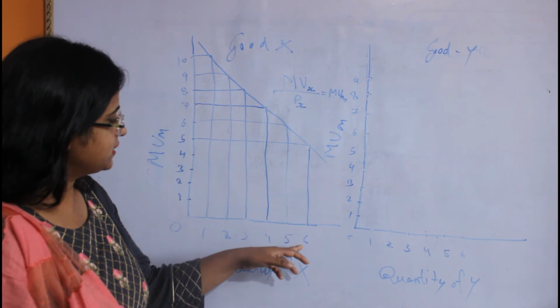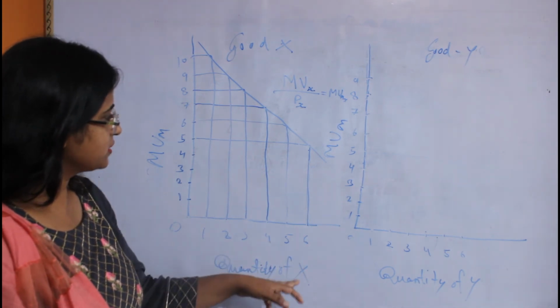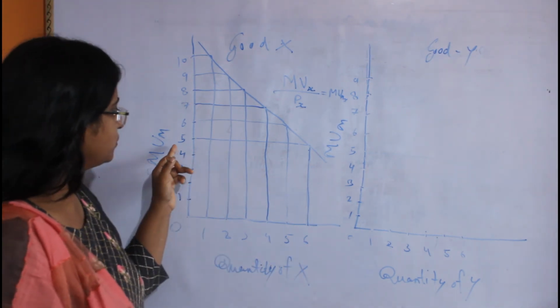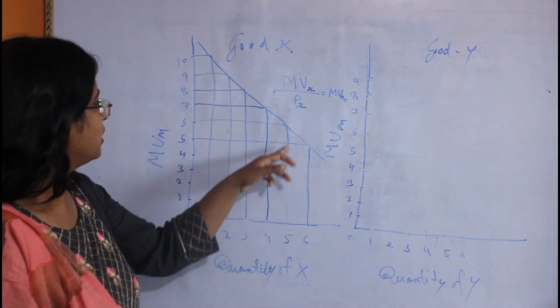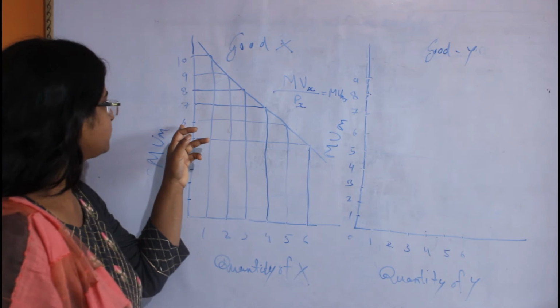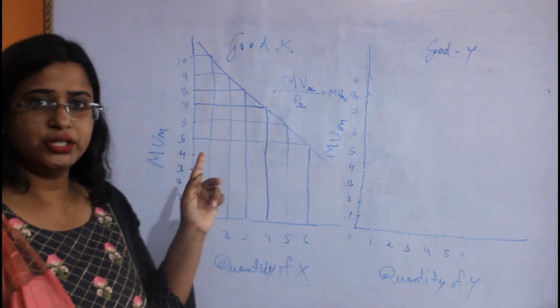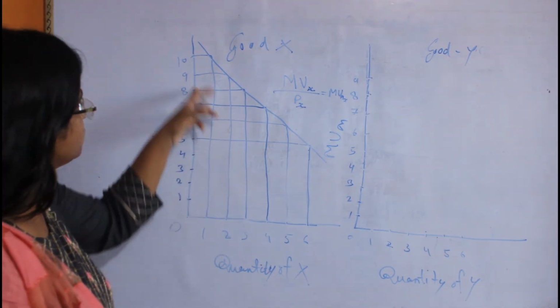We see that 6 units of X give 5 units of marginal utility of money, 5 units of X attain 6 units of marginal utility of money, and so on.